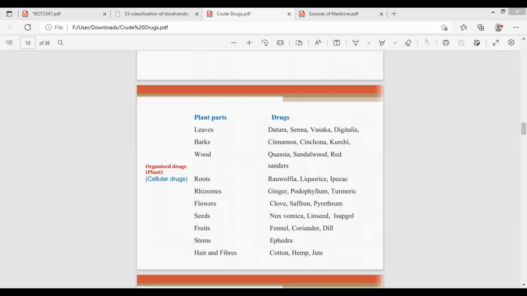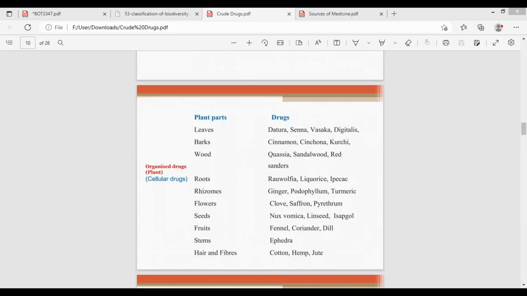I'm not getting the question. Are you saying like the way a plant produces a drug, such a thing? Exactly. Now for example, if you ask digitalis, what does it produce? Digoxin, I think.